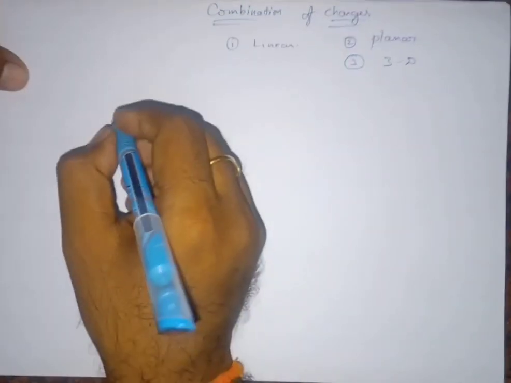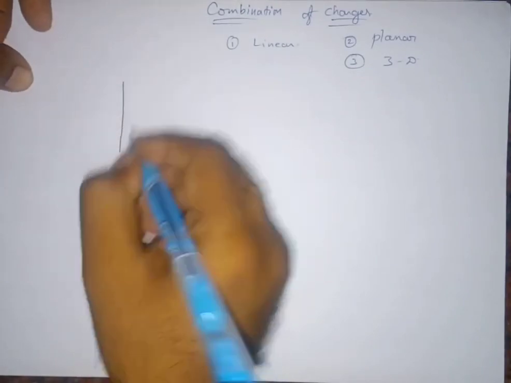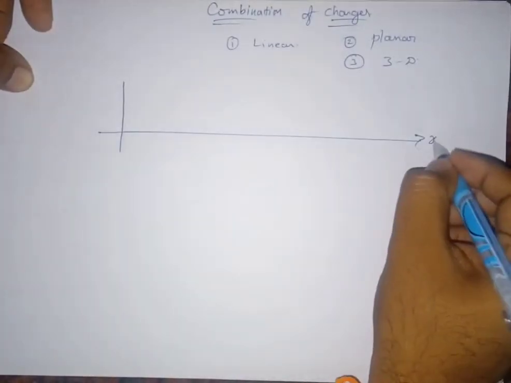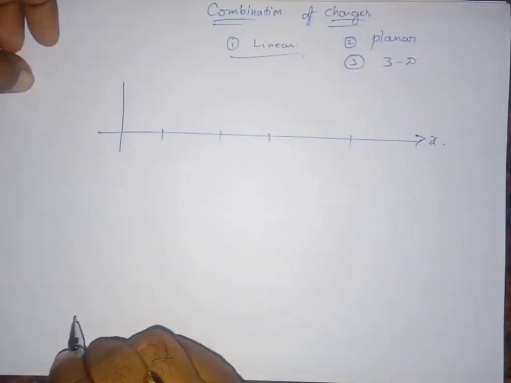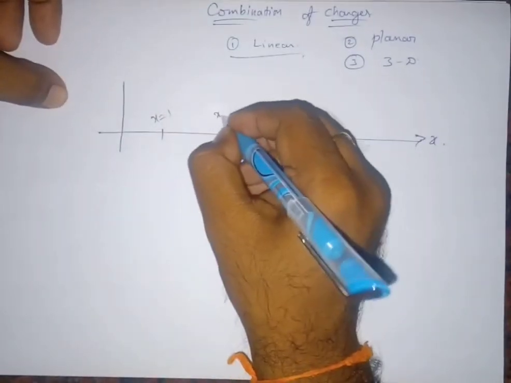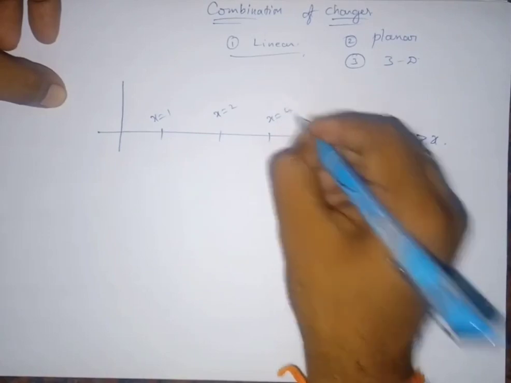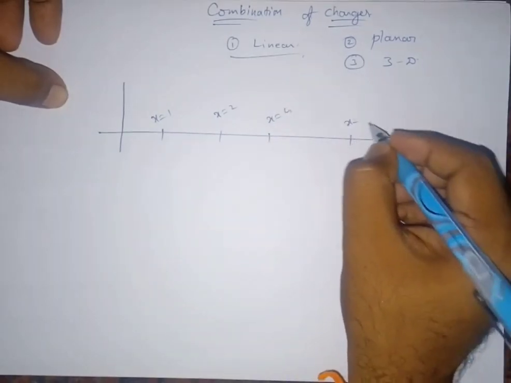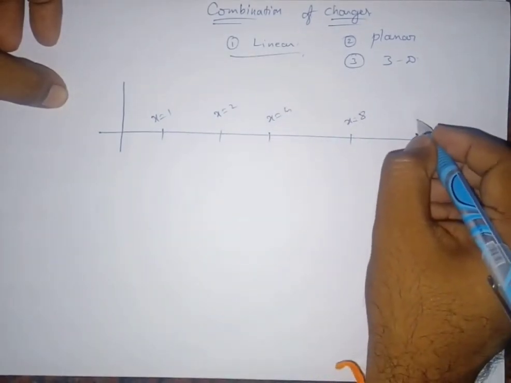Say there is an x-axis here, the linear distribution. Let us take some charges here: at x equal to 1, at x equal to 2, at x equal to 4, at x equal to 8, and so on up to infinity.